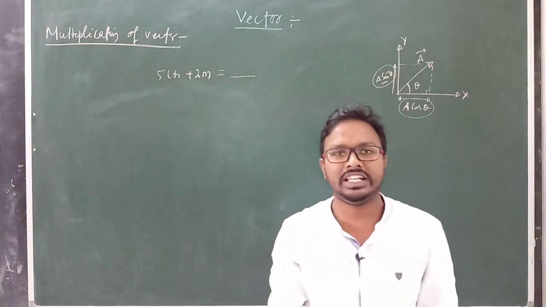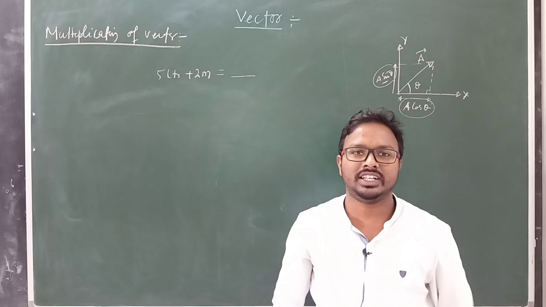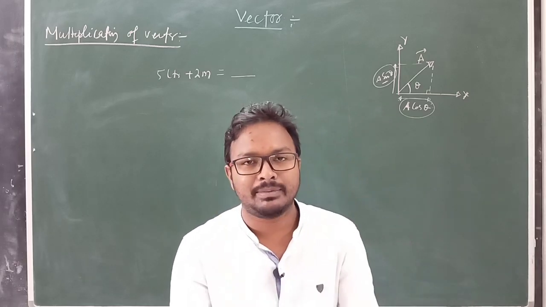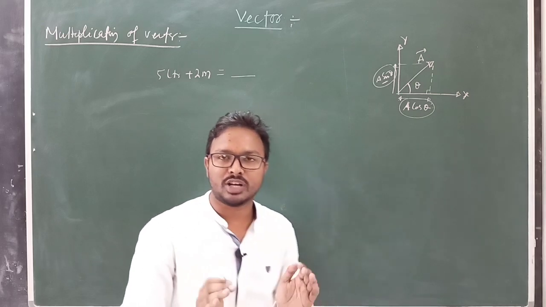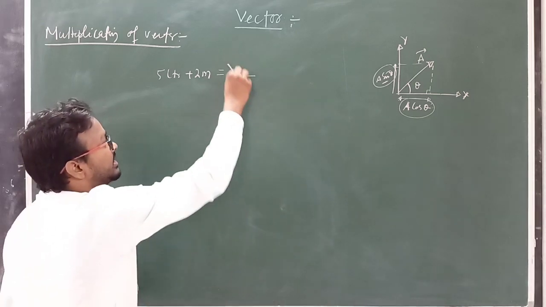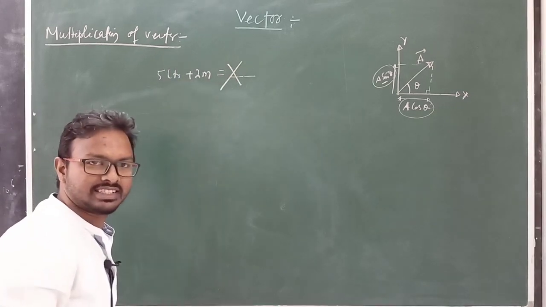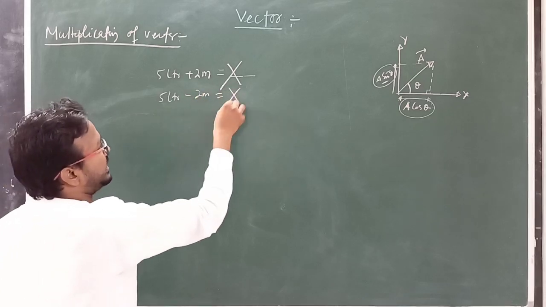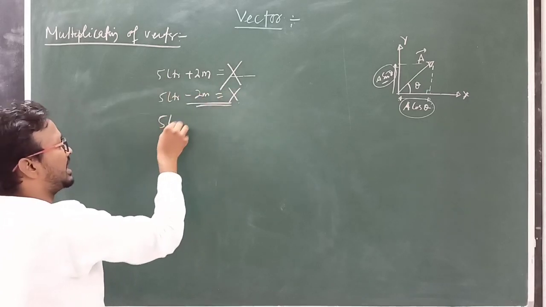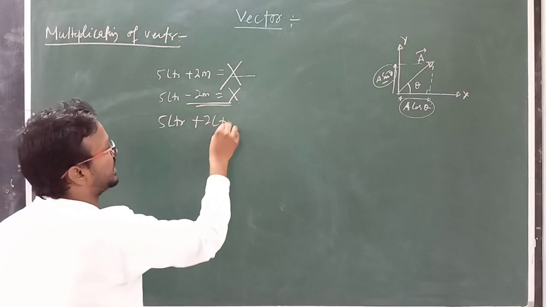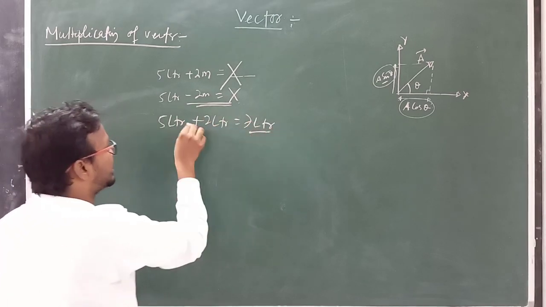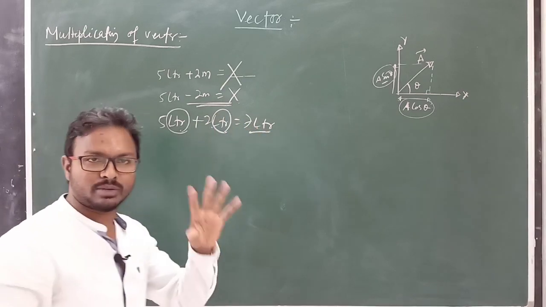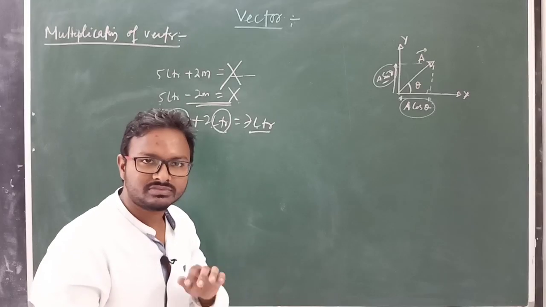According to the principle of homogeneity we cannot add two physical quantities when their natures are different, so this is not valid in this case, clear. Similarly, suppose 5 liter minus 2 meter is not significant, but we can add 5 liter plus 2 liter, which is equal to 7 liter. Physical quantities of the same nature can be added or subtracted in the addition case, clear.